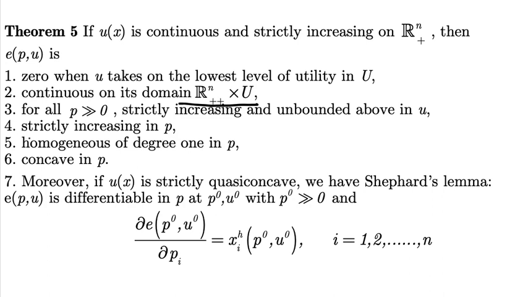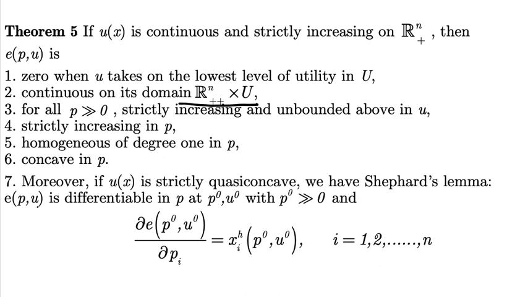Number 4, strictly increasing in prices. Number 5, homogeneous of degree 1 in prices. Remember, P here, when I write it P, it means price vectors. And 6, concave in prices. And 7, if the direct utility function is strictly quasi-concave, we have Shepard's lemma.